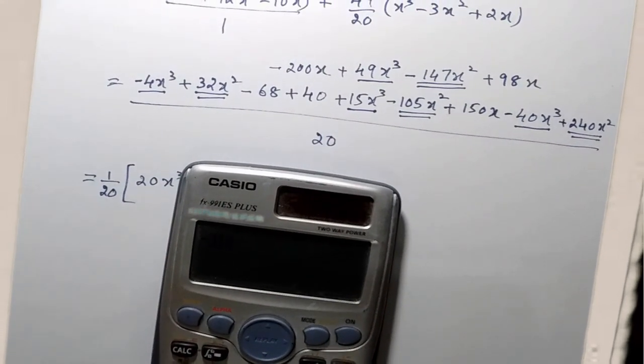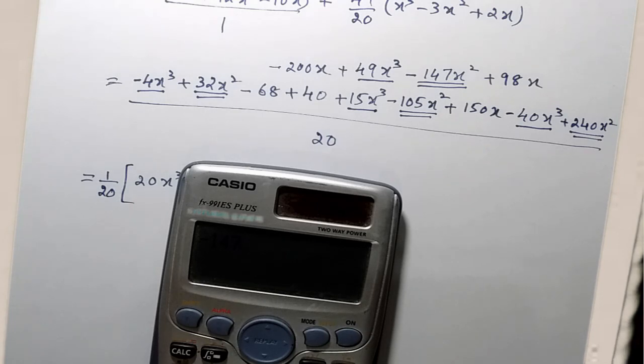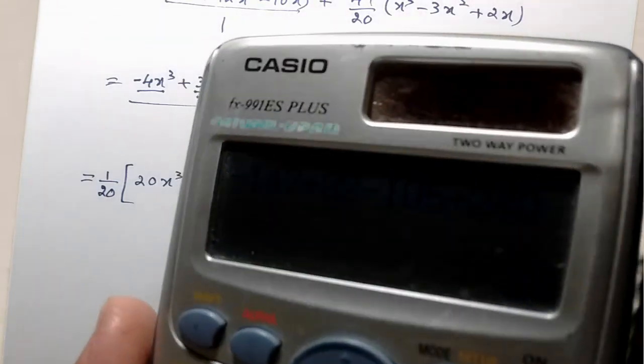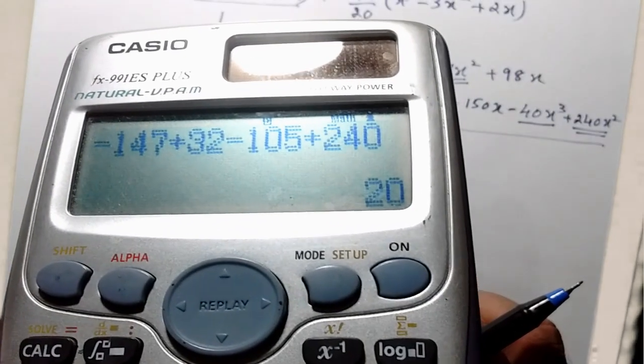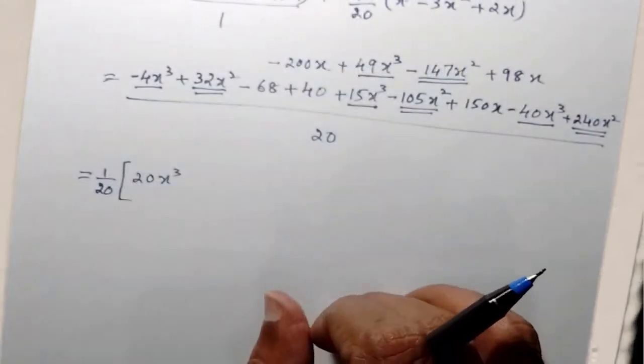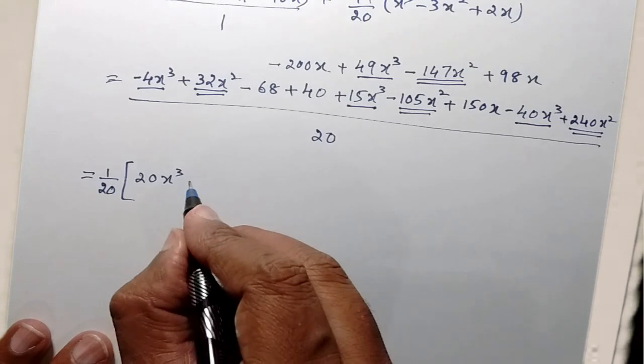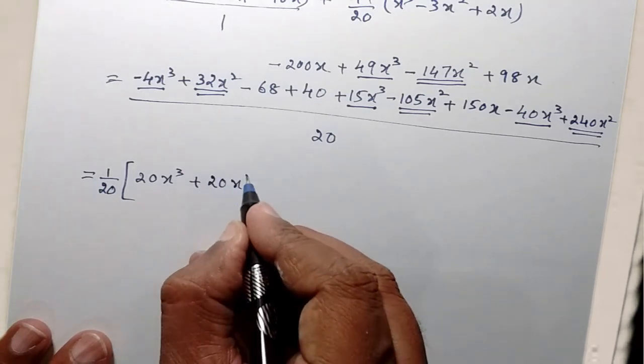Minus 147, then plus 32, minus 105, plus 240. You can just check. I am getting the value to be 20 again. Once again, I am getting the value to be 20. So I'll be getting plus 20 x square.